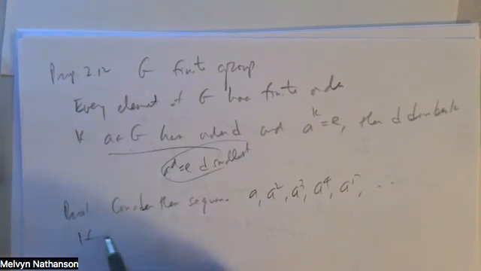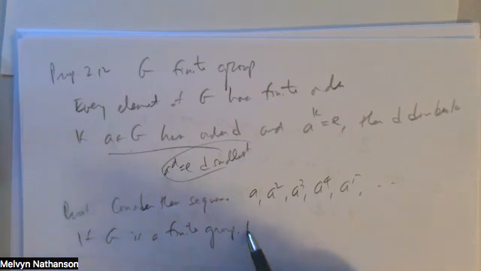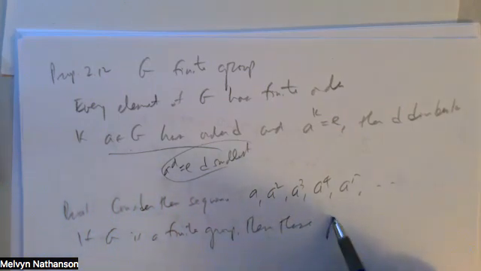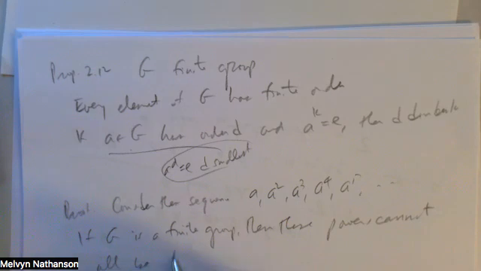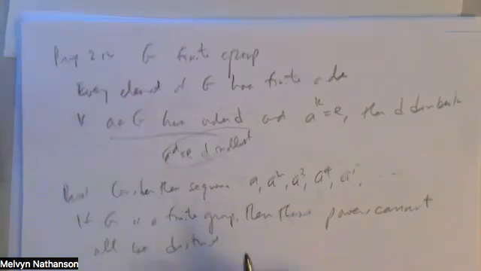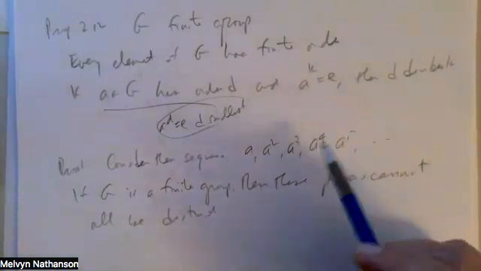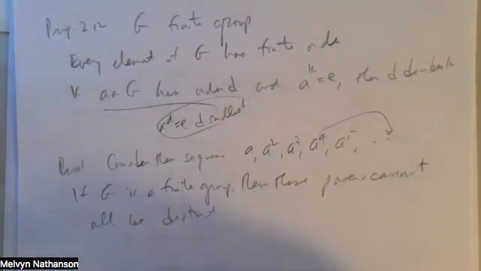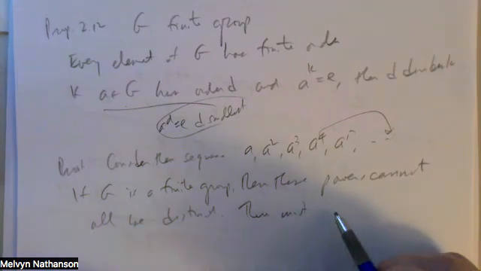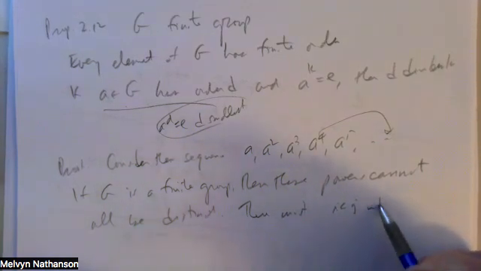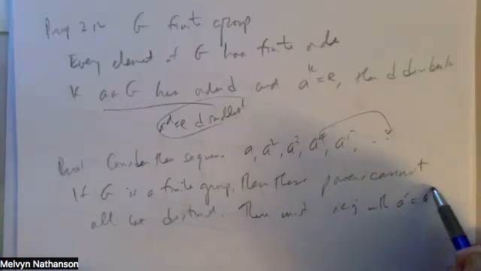Now, if G is a finite group, then these powers cannot all be distinct, because we're generating an infinite sequence, but the group does not have infinitely many different elements. So at some point, there has to be a collision, a repetition. So there must exist positive integers i and j with A to the i equal to A to the j.